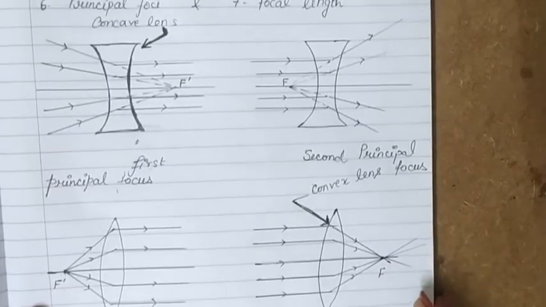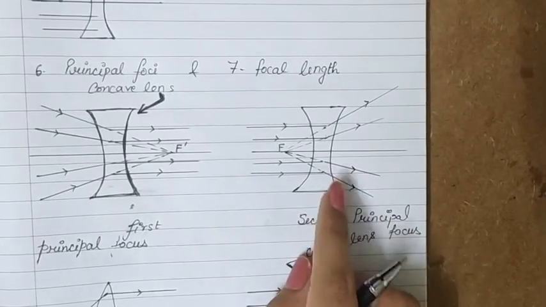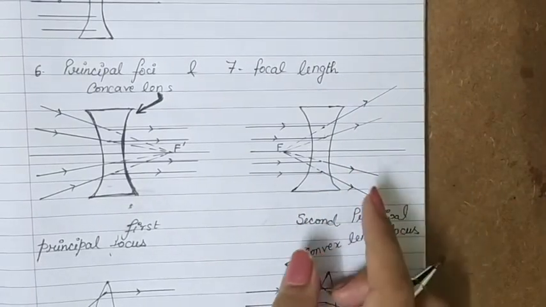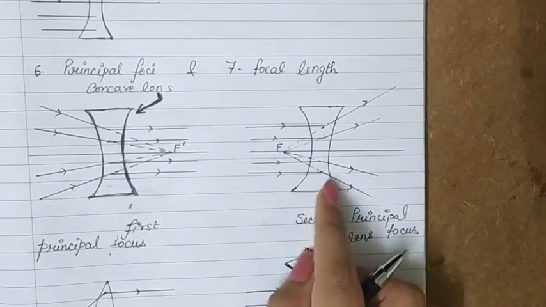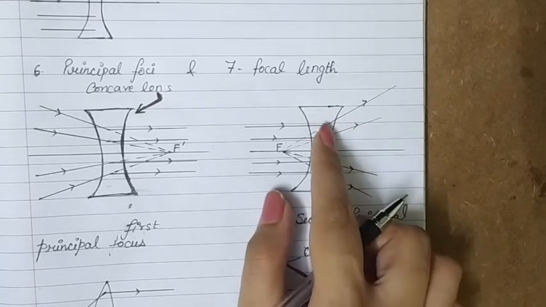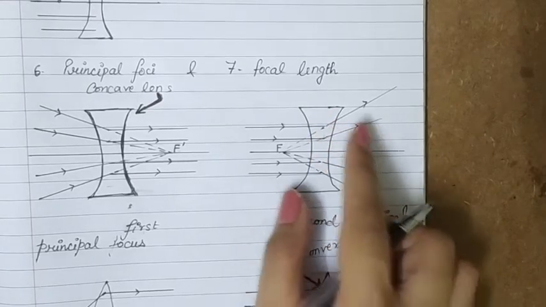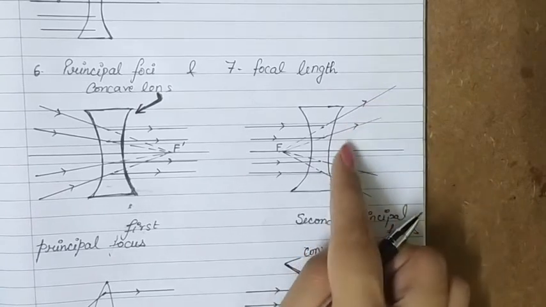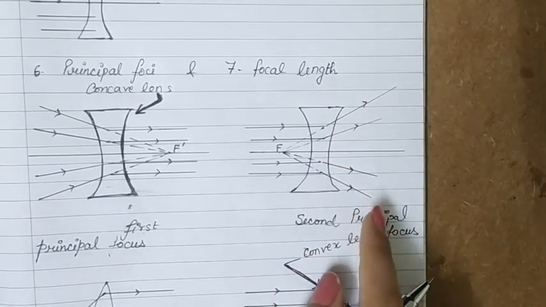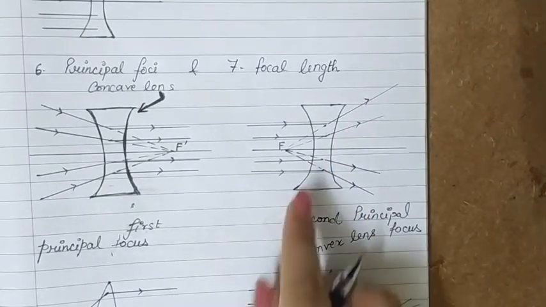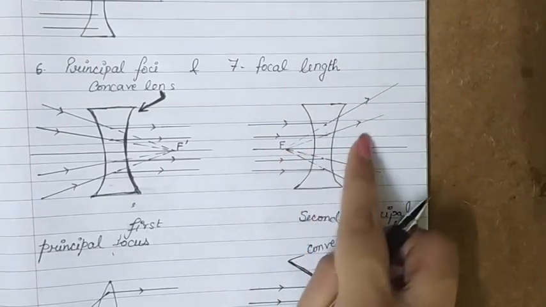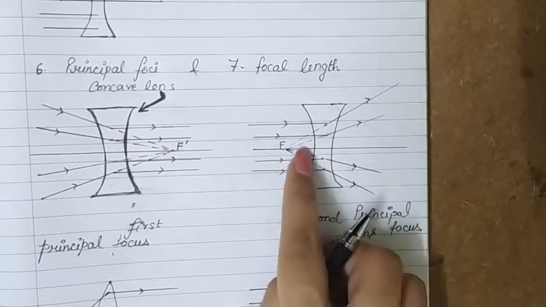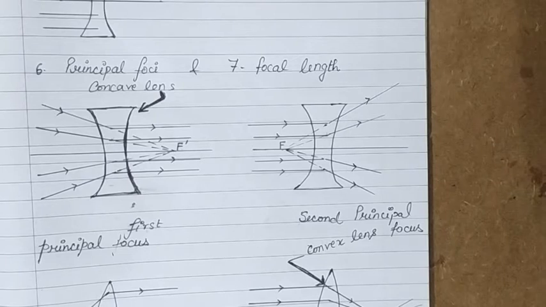But in case of concave lens, this lens is diverging, so it is not possible for it to converge these light rays to meet at a certain point. They will diverge after refraction, so they are not actually meeting, they appear to come from this point. This is again an appearance of this situation.